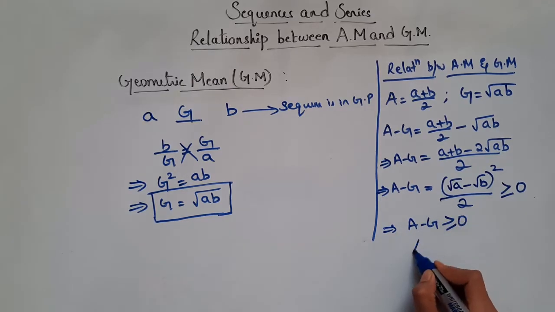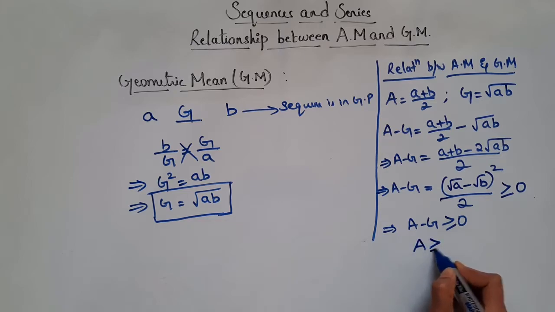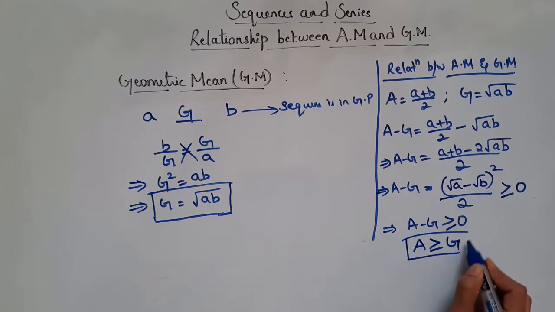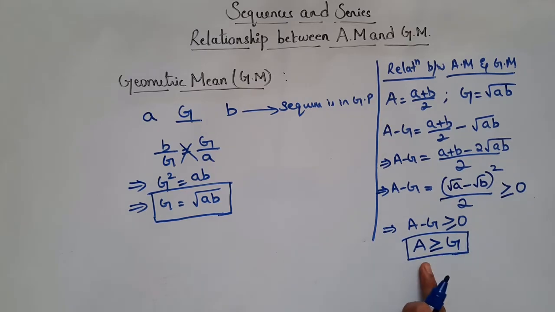From this we can say the arithmetic mean is always greater than or equal to the geometric mean. So this means if we have two numbers, then the arithmetic mean of those two numbers is always greater than or equal to the geometric mean. Alright.